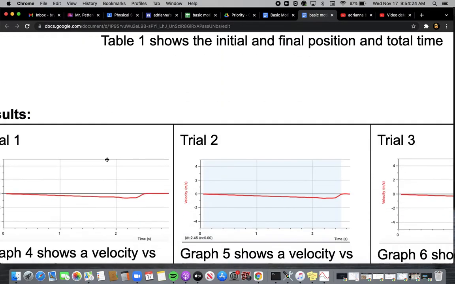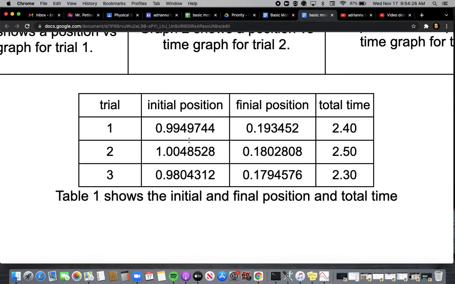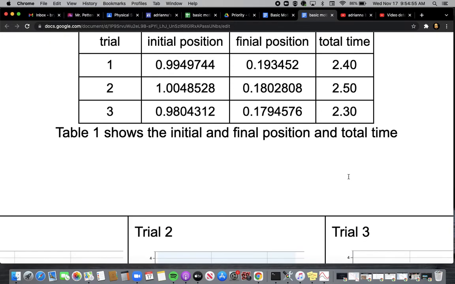Our table shows that they all started at different positions, and most of them, if we rounded up, would be getting to 1. The final positions were nowhere near 1, but one was 19, 17, 18, and 17. Yep, the middle one was the longest, the first one was second longest, and the last one was the shortest.